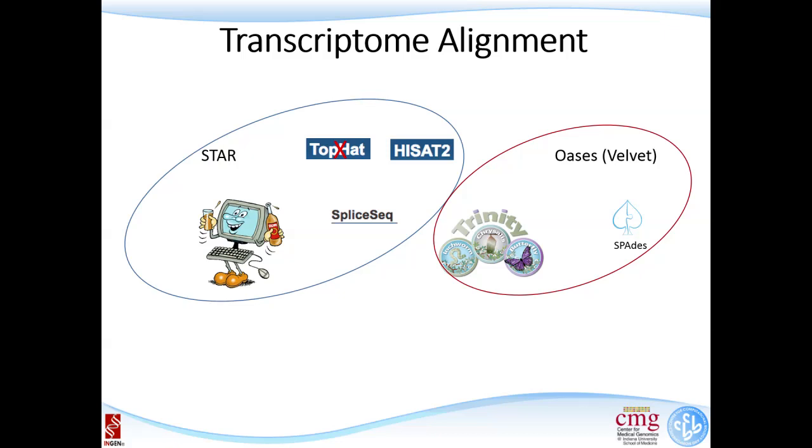For transcriptome alignment, as I mentioned, there's two major schools of alignment theory. So you have the reference-based, and then you have the de novo alignments. Many of these will share the same algorithms that were used in DNA-seq alignment.